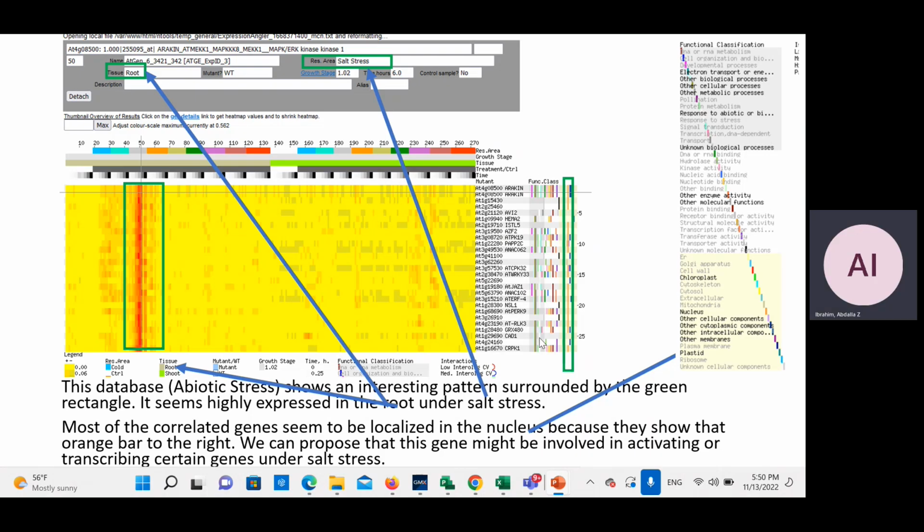So you look at the correlated genes and you see that they all have that brown bar, which tells you it's in the nucleus. So you could conclude that your gene is highly expressed under salt stress, and all of the genes that correlate with it are localized to the nucleus. We can ask, are they maybe transcription factors that respond to salt stress, or what exactly are they?